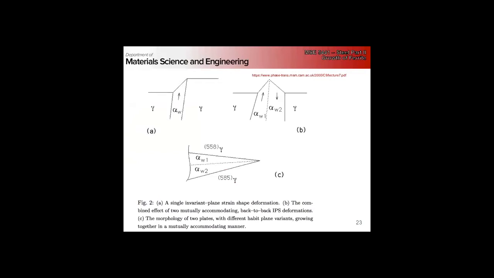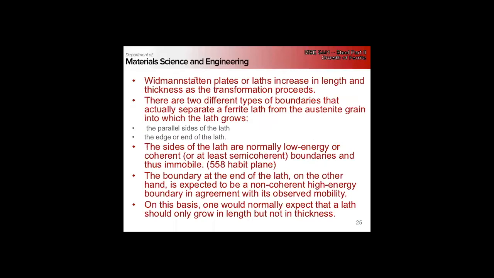Widmanstätten accommodates the invariant plane strain typically by having two variants grow together that have opposing directions of the strain. So we minimize our energy that way.